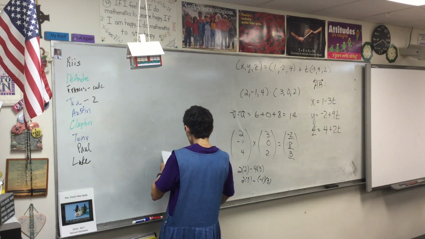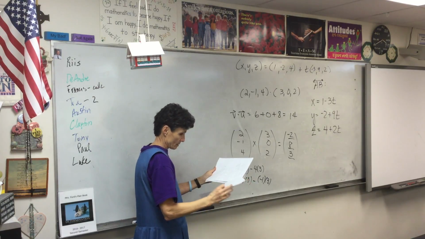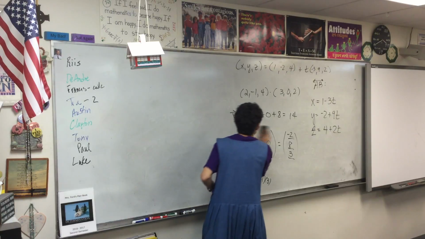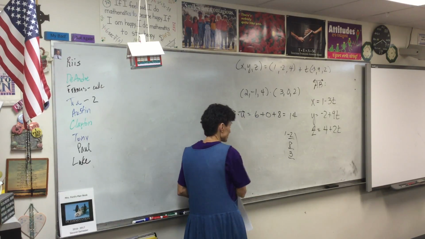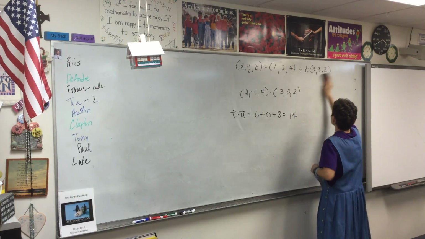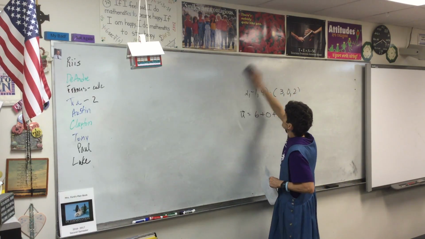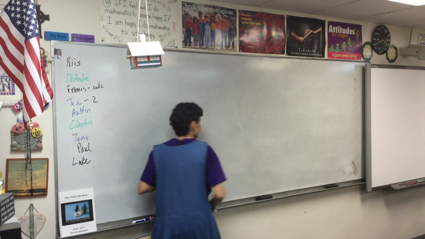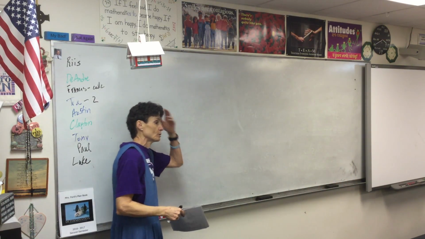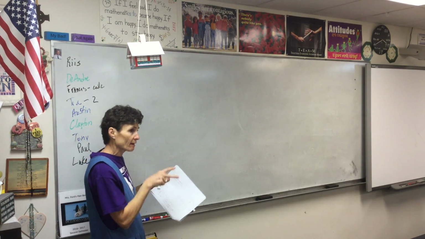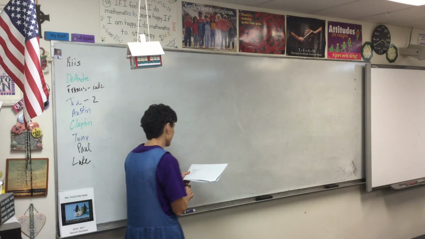I'm on pre-test number 1, practice test number 1. It is formatted exactly like the test. Things may be in a little bit different order in terms of what's problem 1, 2, and 3, but you are going to have to do on the test exactly what we're doing on this practice test.